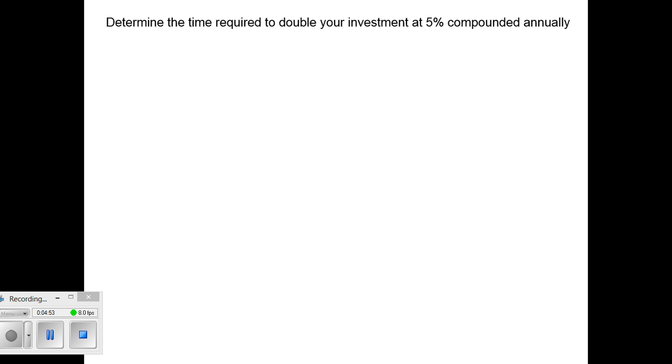Now, let's say we wanted to determine how long it takes you to double your investment at 5%. So we have this formula, and we say this is compounded annually. S is equal to P times 1 plus R to the T. But the amount you want is twice your principal, so your S becomes 2P.